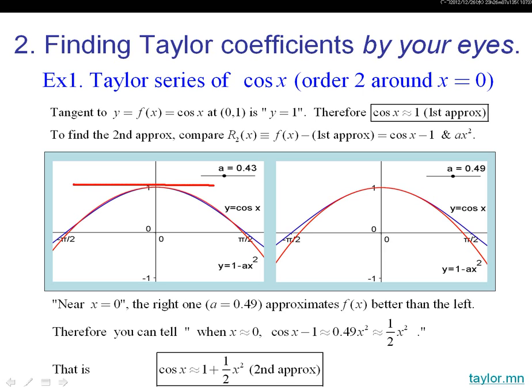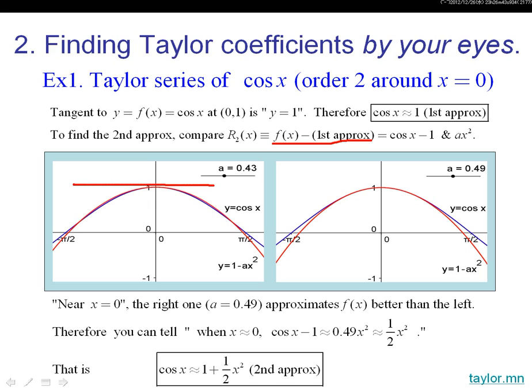So the first approximation of cosine x is 1. This means 0x plus 1, a linear approximation. To find the second approximation, we have to subtract this first approximation from f(x), because the first approximation is a big chunk. Unless you deduct this from f(x), you can't compare with ax squared.